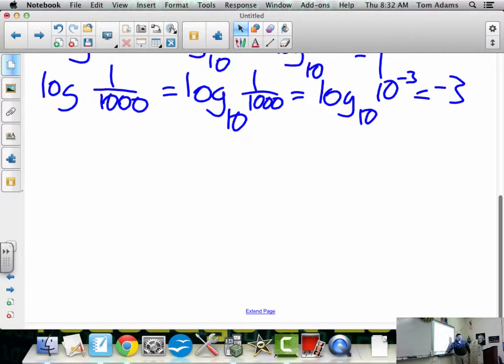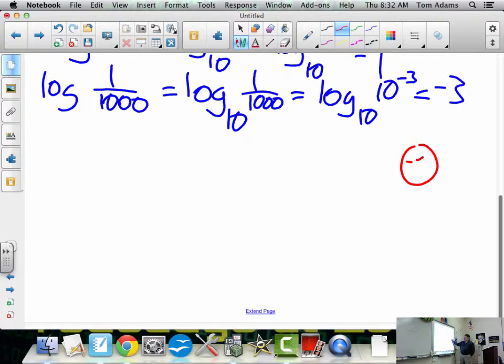Now, before I do the next one, I want you guys to remember this. We said that if I had winky face, and I took the square root of winky face, that's really winky face raised to the 1/2. Now, the reason for that is I'm taking the square root, or an index of 2, of winky face raised to the 1/2.